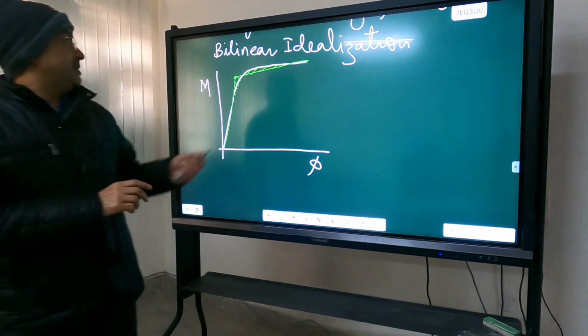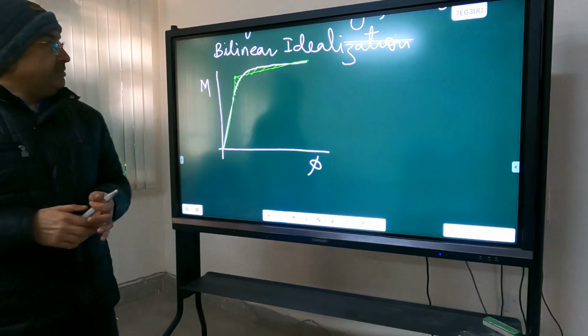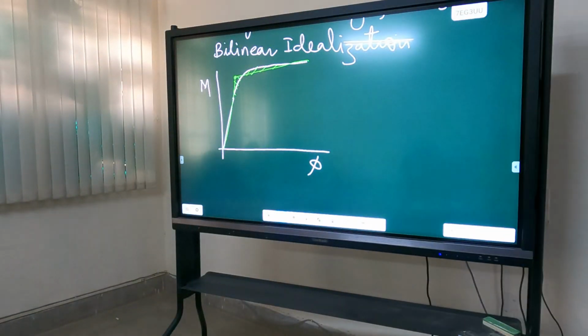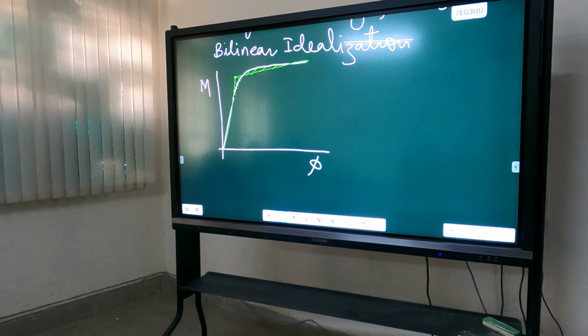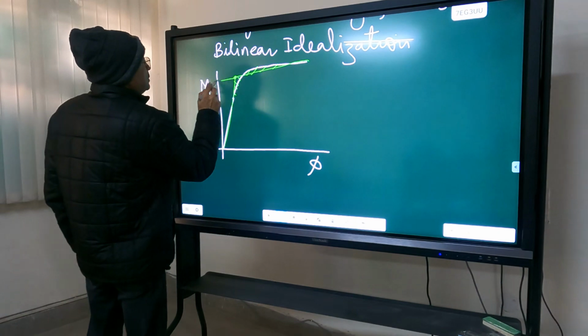Even then there is a possibility that you can have a non-unique solution, more than one set of bilinear equations. So for that, the two curves should intersect.